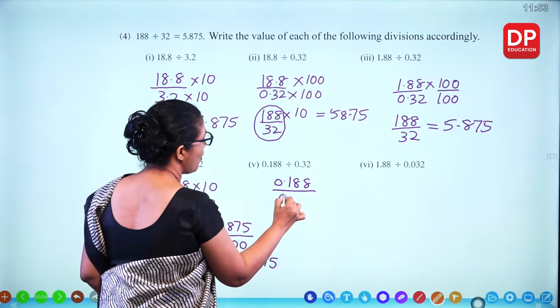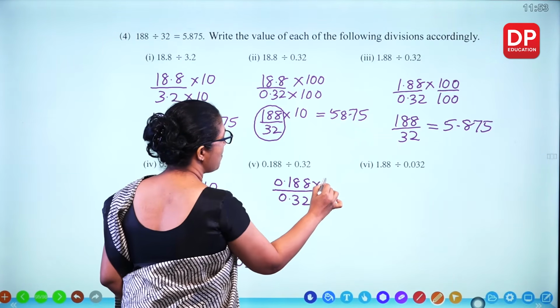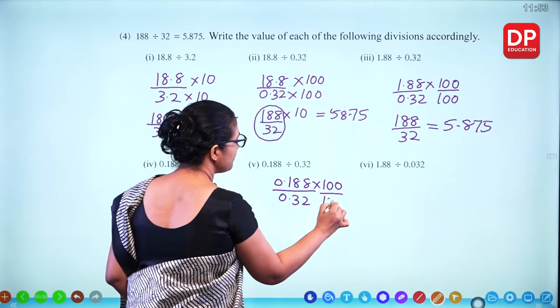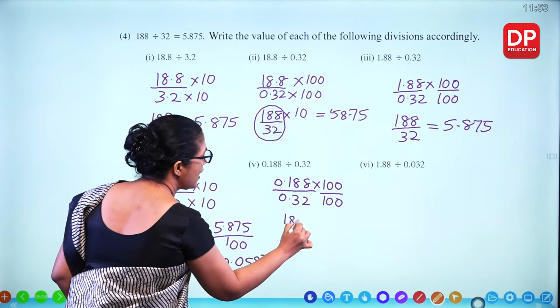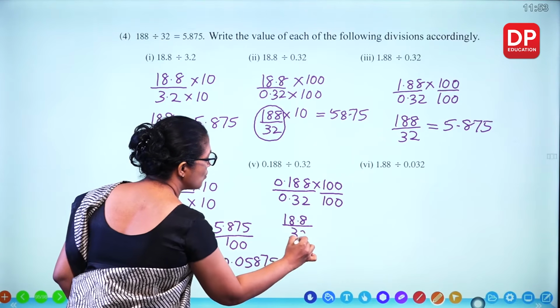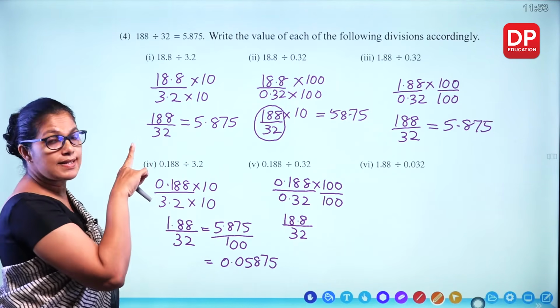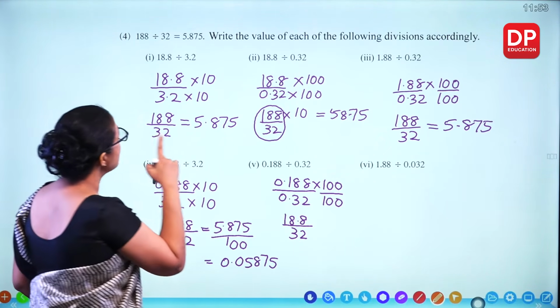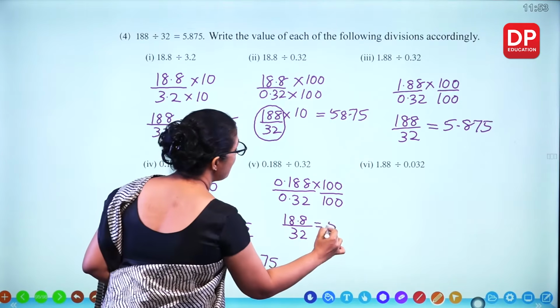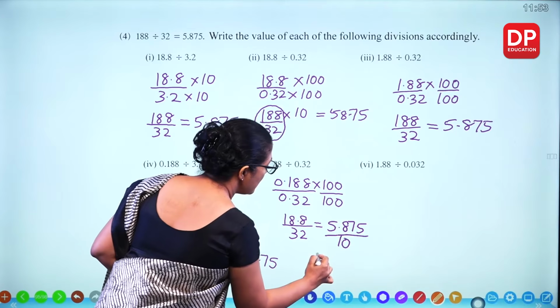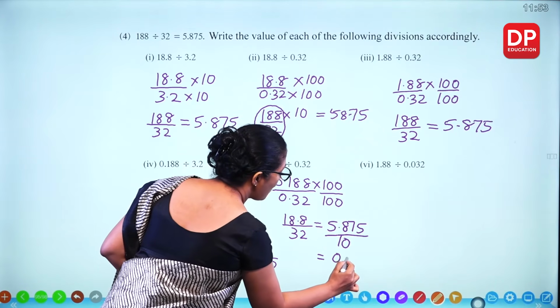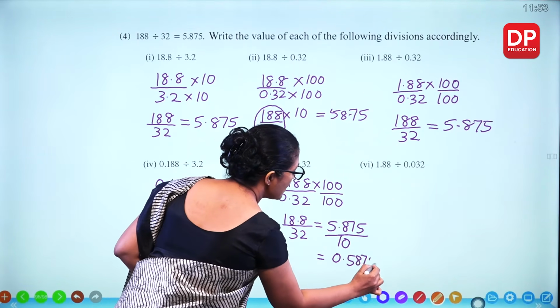Now this one 0.188 divided by 0.32. Multiply by 100. You get 18.8 divided by 32. 188 is there. That means you have to divide that answer by 10. 5.875 divided by 10, you get 0.5875.